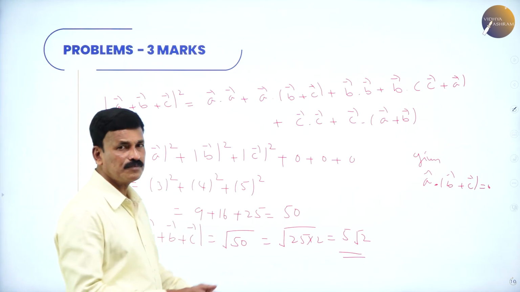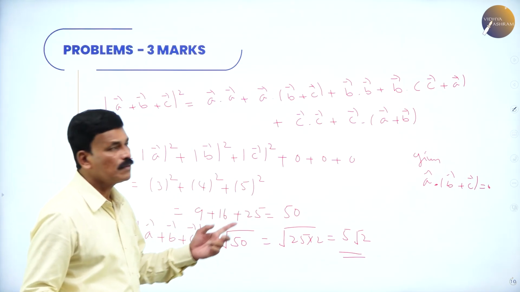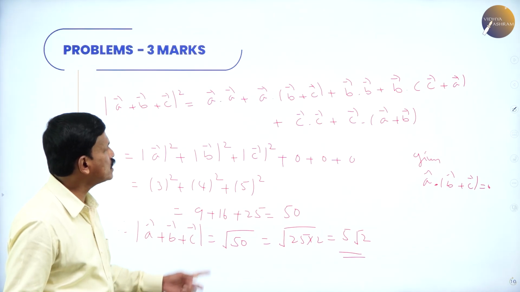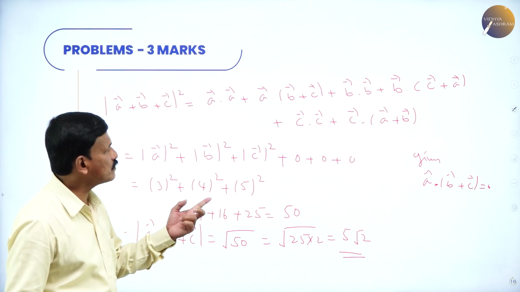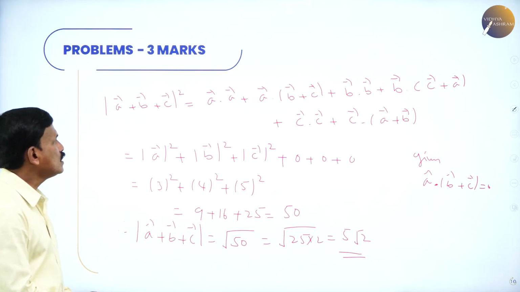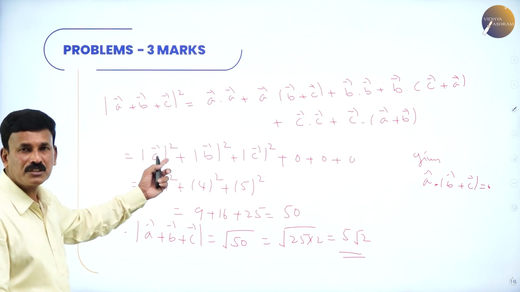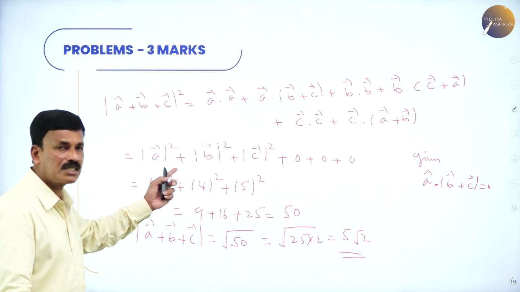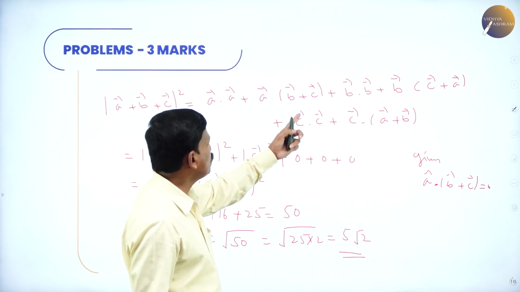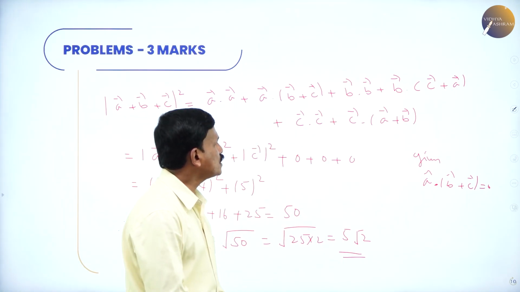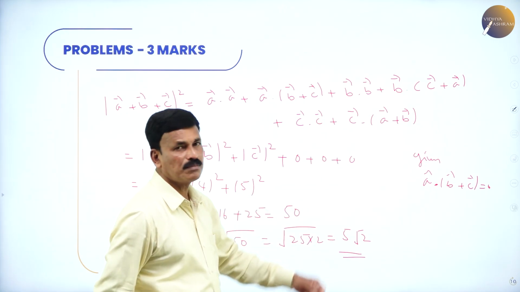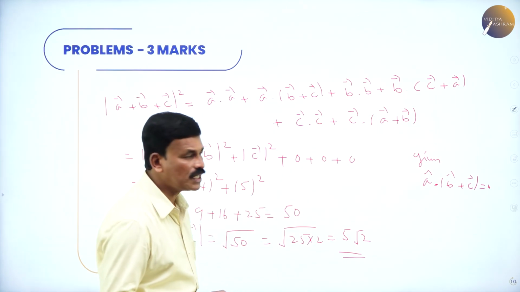A dot A plus A dot B plus C plus B dot B plus B dot C plus A, C dot C plus C dot A plus B. Since A dot A is length of A square, B dot B is length of B square, C dot C is length of vector C square. Again, A dot B plus C is equal to 0, B dot C plus A is equal to 0 and C dot A plus B is also equal to 0. That is the given condition.